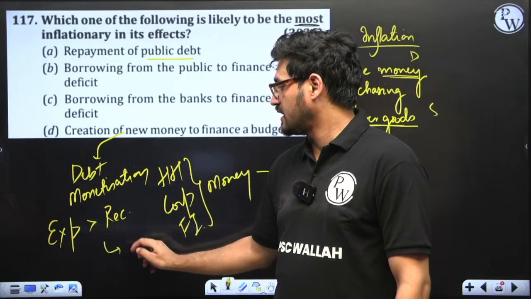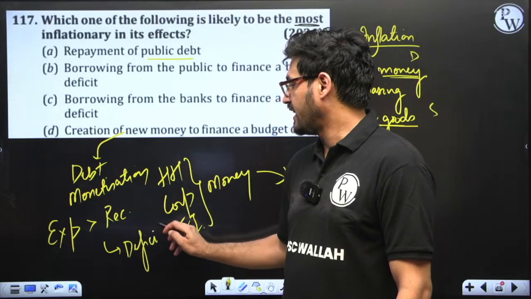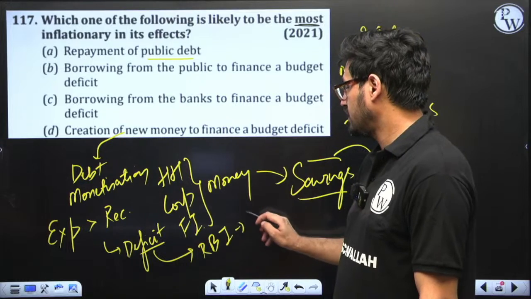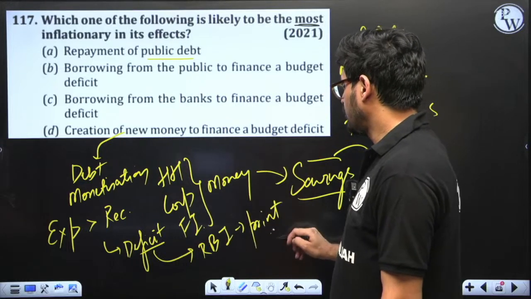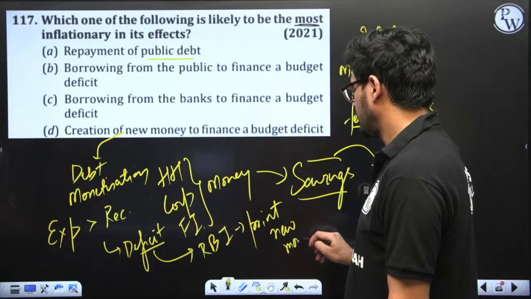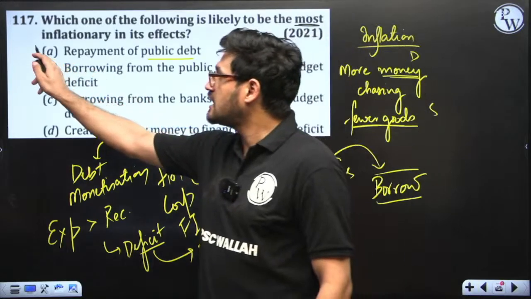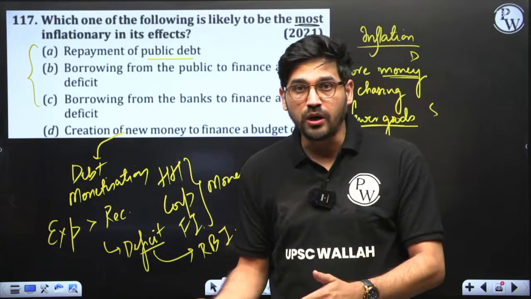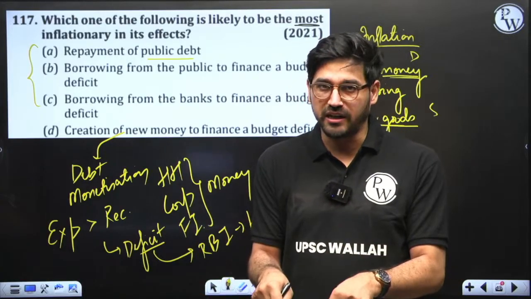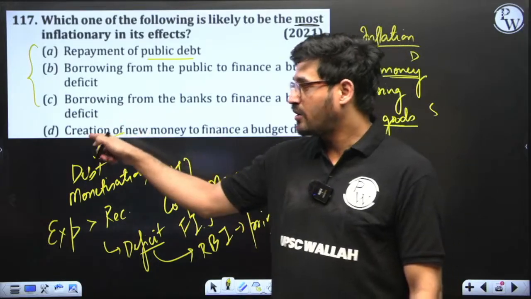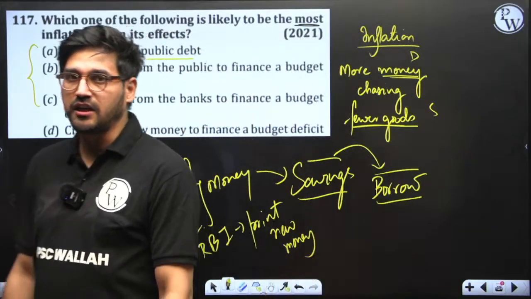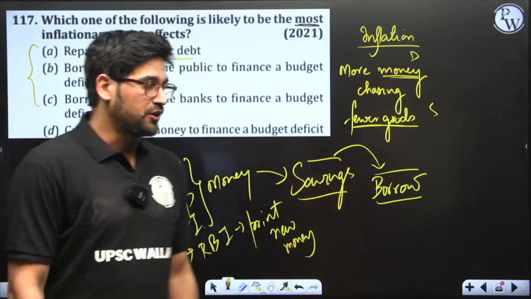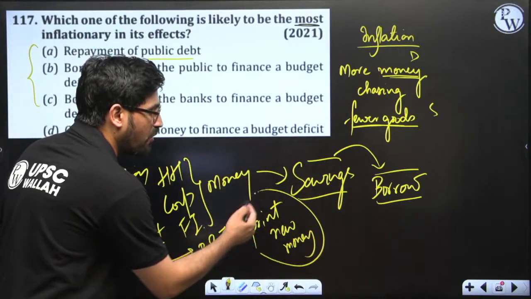This deficit will be financed by getting the RBI to print new money. Now, previously all the three options, this is money which is being borrowed from the existing money supply. When you look at option D, not only is existing money supply going to be there, you are now creating more money.